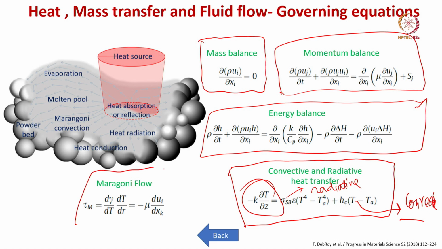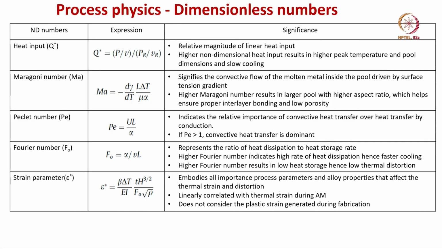Marangoni flow: tau m is equal to d gamma by dT into dT by dr is equal to minus mu del u by del x k. These are the non-dimensional numbers, or dimensionless numbers, like heat input, which is Q star, Marangoni number Ma, Peclet number Pe, Fourier number Fo, and strain parameter epsilon star.